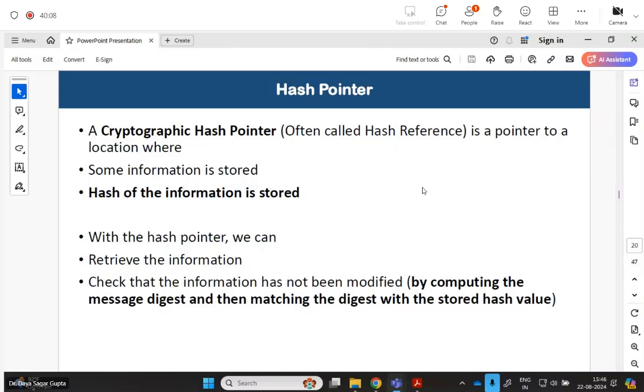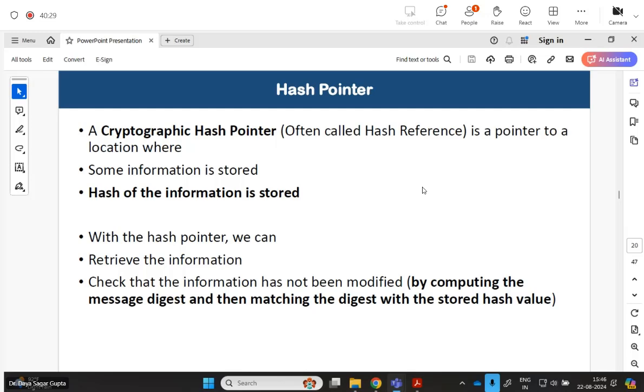Let us call it m. So its hash is stored here. Since the hash of m is stored here, I can directly reach from this hash to my previous block. This is the hash pointer.